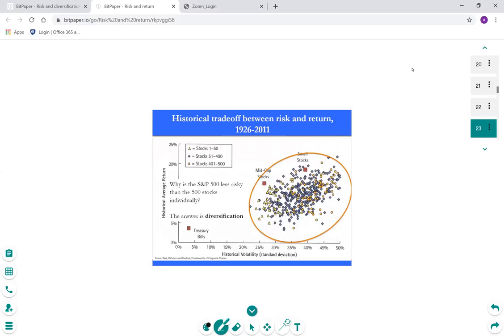As long as the stocks are not perfectly correlated with one another, a portfolio that includes some of each is going to have a lower variance than the sum of the individual variances. We'll get to that a little bit later, and I actually have a mathematical derivation of that I can post on Canvas just to show that that's true for any portfolio of two assets.